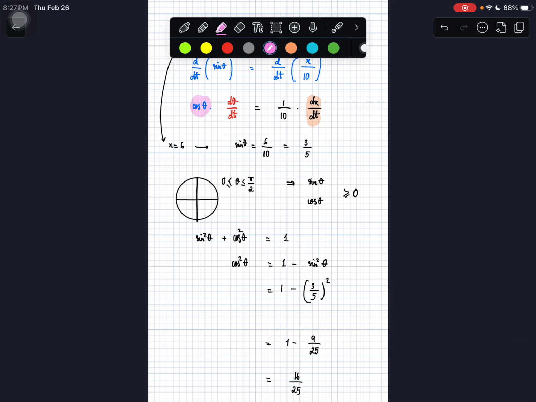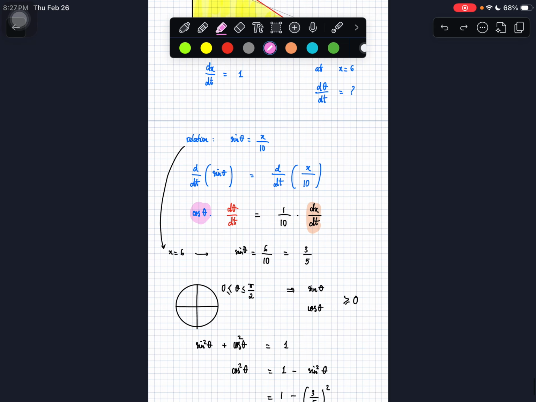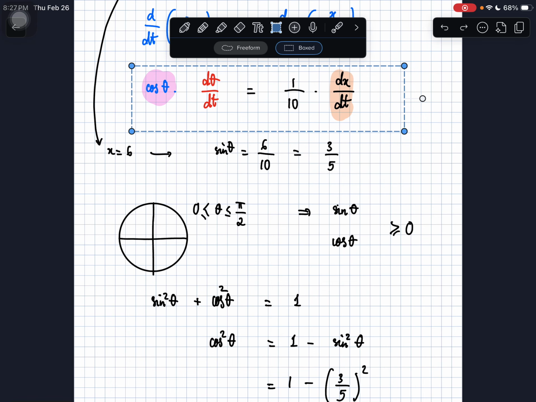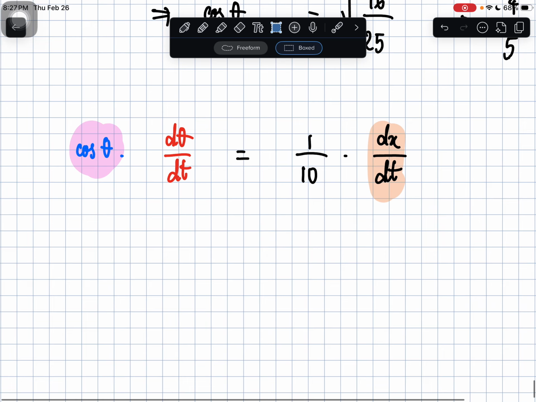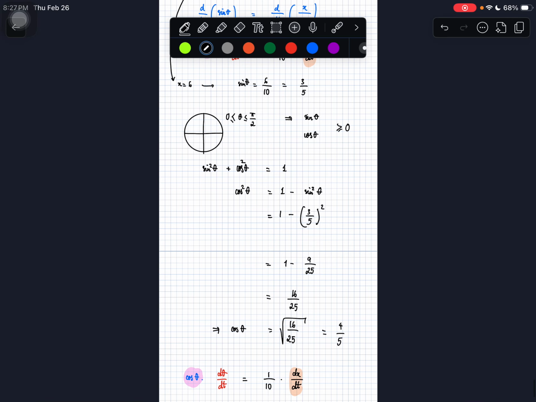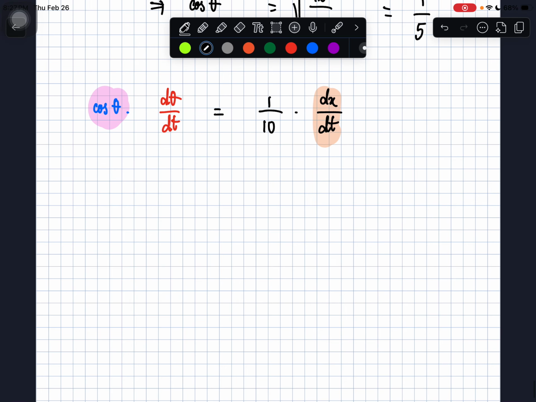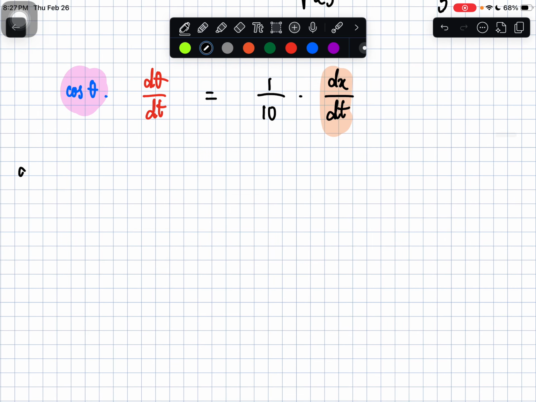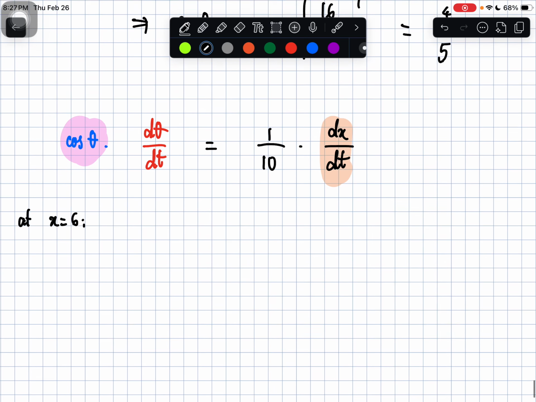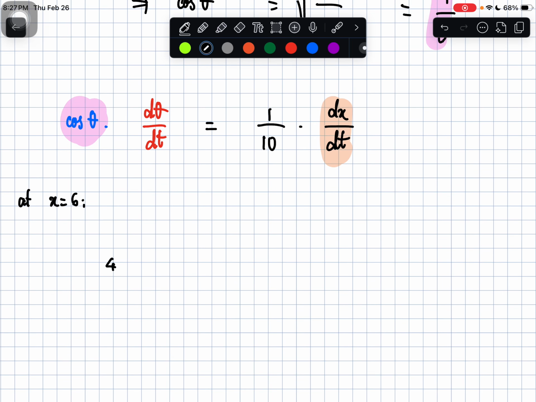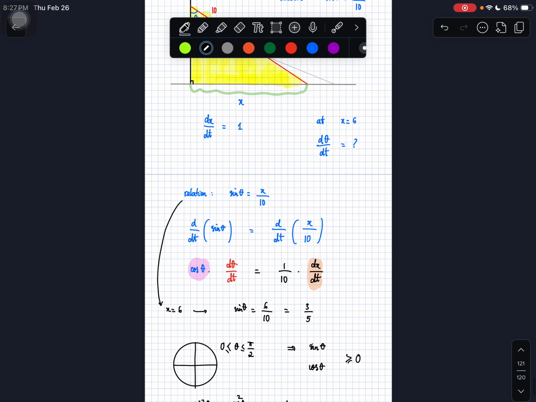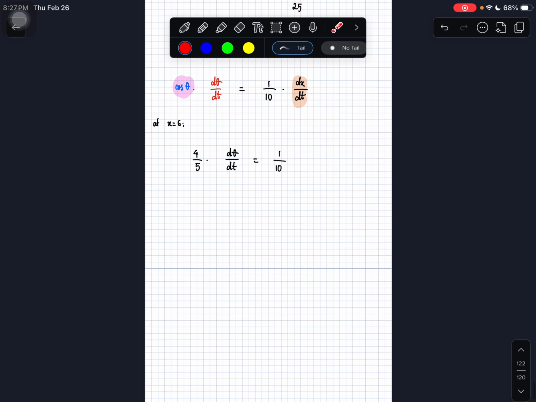And everything is known. And therefore I compute d theta over dt. At the time x equals 6, we have cosine theta, 4 over 5, times d theta over dt, what we need to compute, equals 1 over 10 times dx over dt, and dx over dt is 1, times 1.